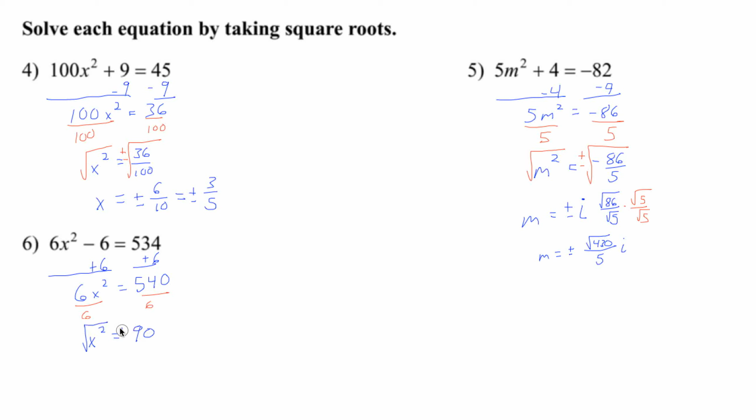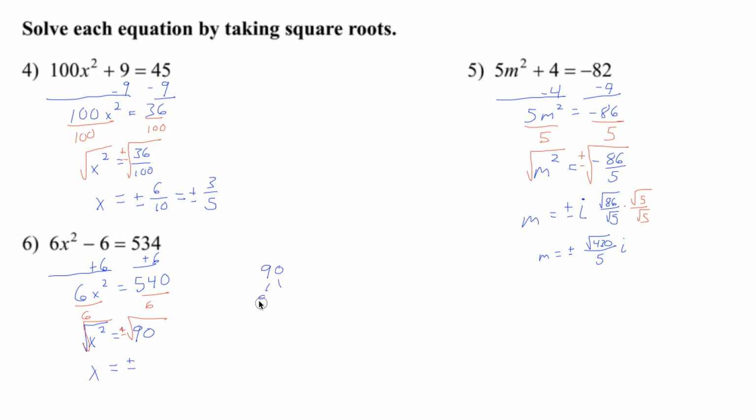We put plus or minus. Oops. Do this in red. So take the square root of both sides. On the left we have x. On the right we have plus or minus the square root of 90. Well, 90 we can factor down.